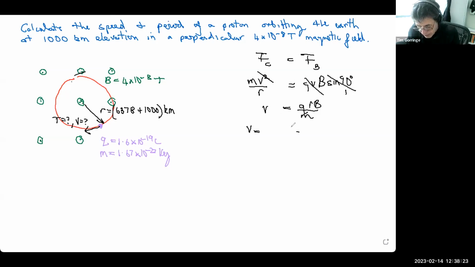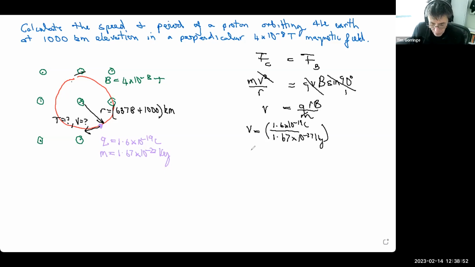So we can fill those quantities in. I'm just working out the size, the speed, not the direction, not the sense. So I'm just going to put in always sizes, magnitudes for the values. So 1.6 times 10 to the minus 19 coulombs is the charge. 1.67 times 10 to the minus 27 kilograms is the mass.